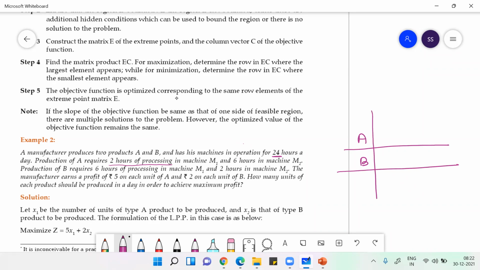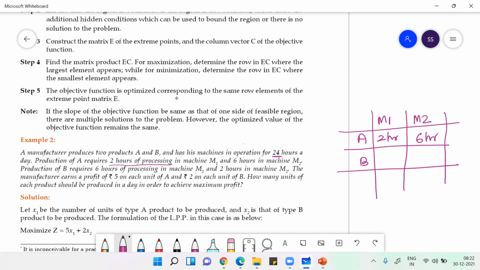So the machine works 24 hours a day. A requires 2 hours of processing in machine 1 and 6 hours in machine 2.